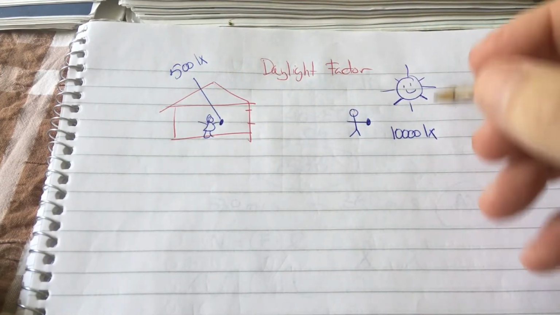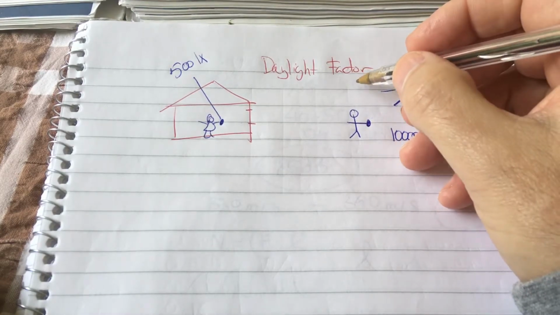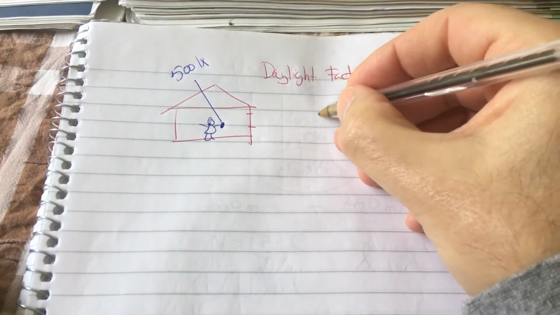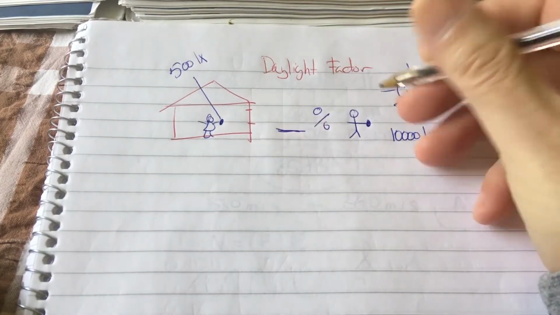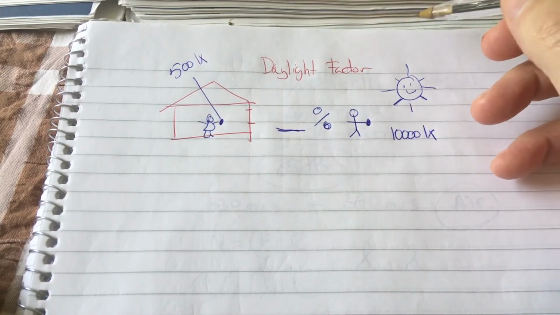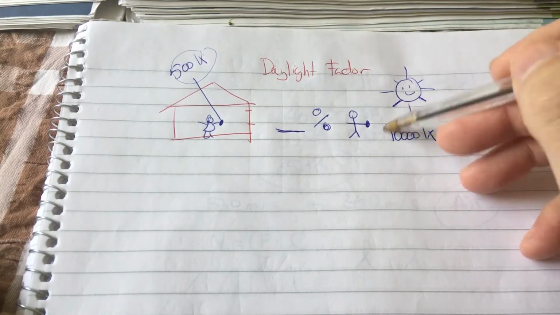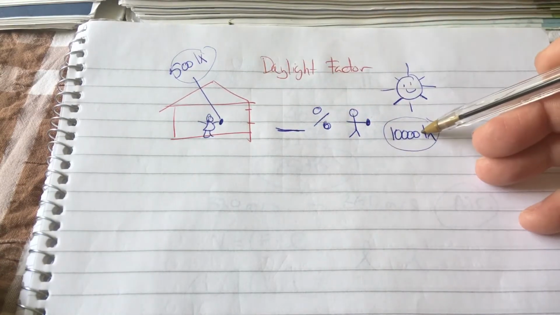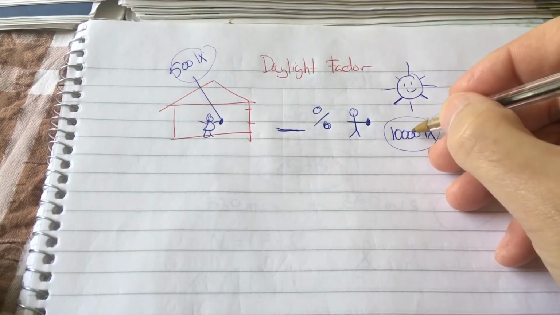Now, just like this, without many calculations, the daylight factor is expressed as a percentage. This figure is expressed as a percentage of that one. Yeah. Now, very simple.